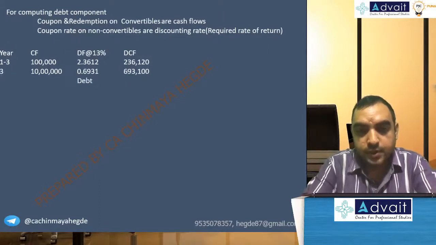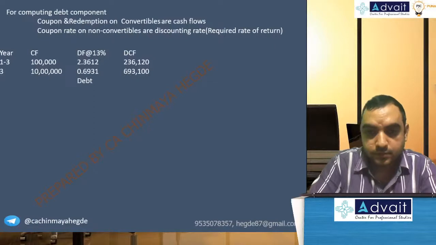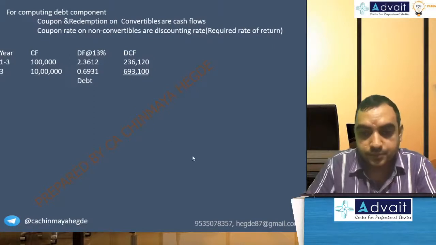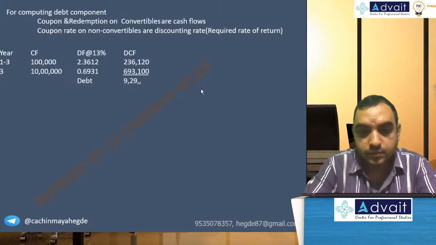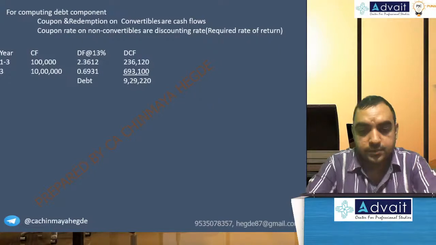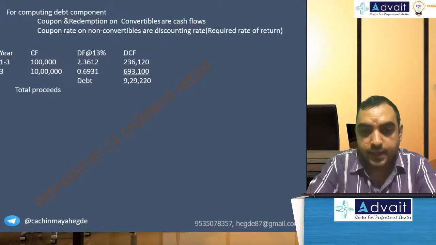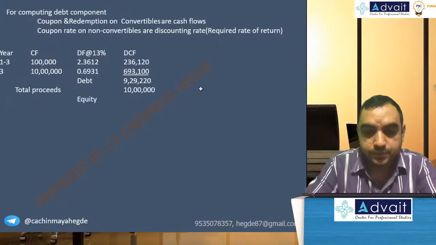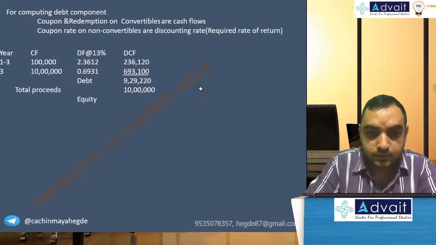Total, this is debt component. 9,29,220. Then total proceeds is 10 lakh. Therefore, equity component, balancing figure, 70,070.